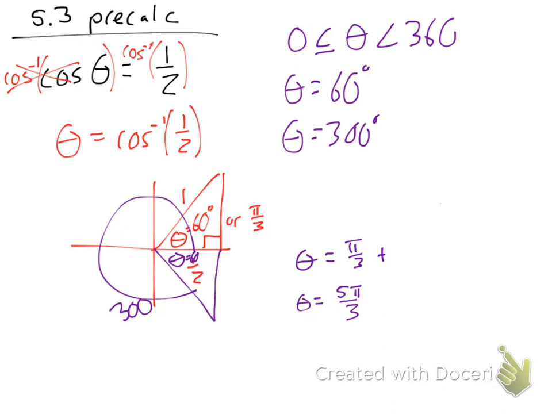Now, the book may use something different. Different books do different things. I personally put k after 2. So 2k pi. Plus 2k pi. And that's how you find all solutions. Because again, if I add 360 or if I add 2 pi, it doesn't matter. One's in radians, one's in degrees.